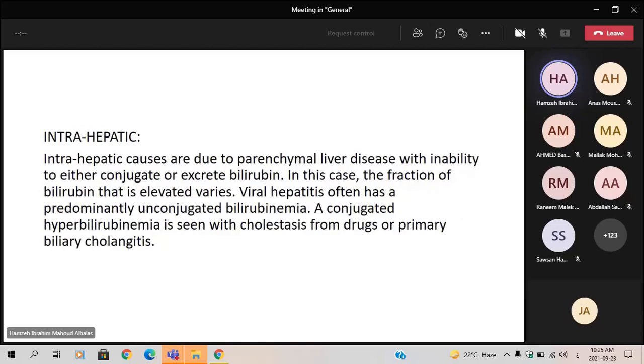Intrahepatic causes are due to parenchymal liver disease with the inability to either conjugate or excrete bilirubin. In this case, the fraction of bilirubin that is elevated varies. Viral hepatitis often has a predominantly unconjugated hyperbilirubinemia. A conjugated hyperbilirubinemia is seen with cholestasis from drugs or primary biliary cholangitis.